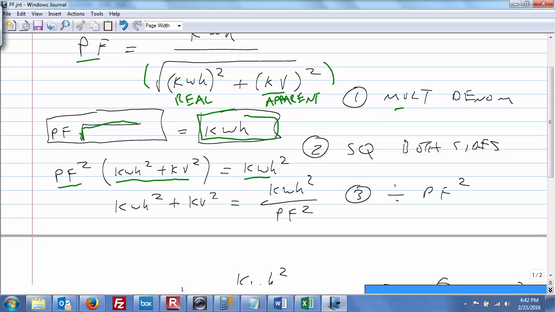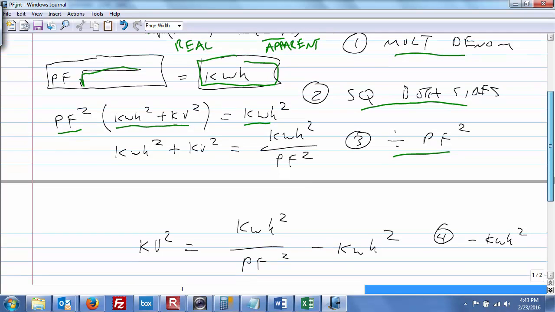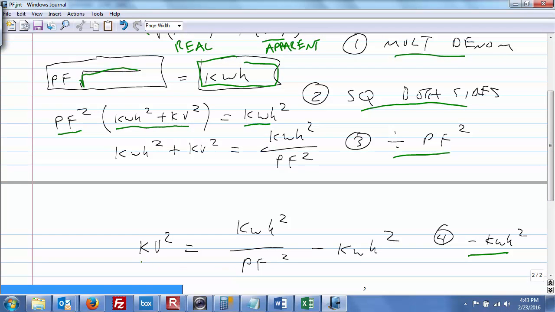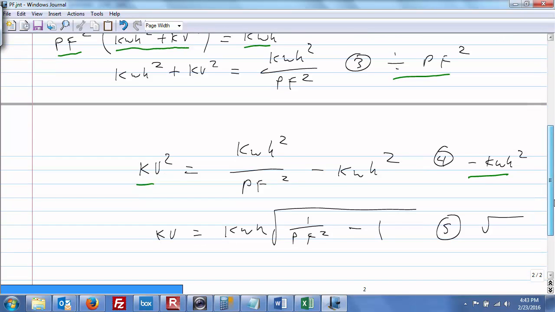So first of all, you multiply by the denominator, you square both sides, you divide by power factor squared, so it comes over to the right-hand side, and then you subtract kilowatt hours from both sides, and then you're left with apparent power. And then just simplify. So again, if you know the power factor and you know the real power, you can then solve for the apparent power. That's just the algebra on that guy.